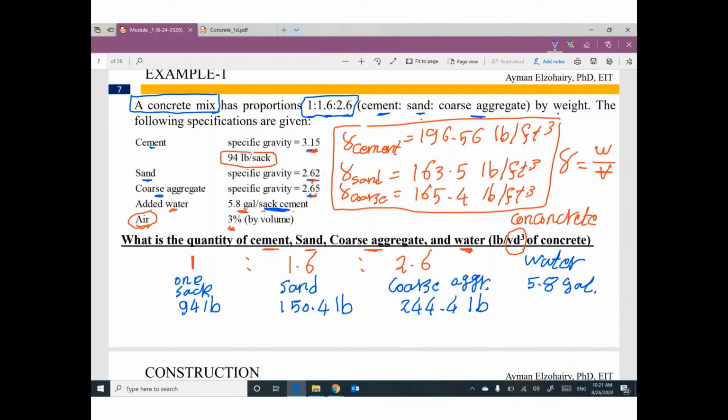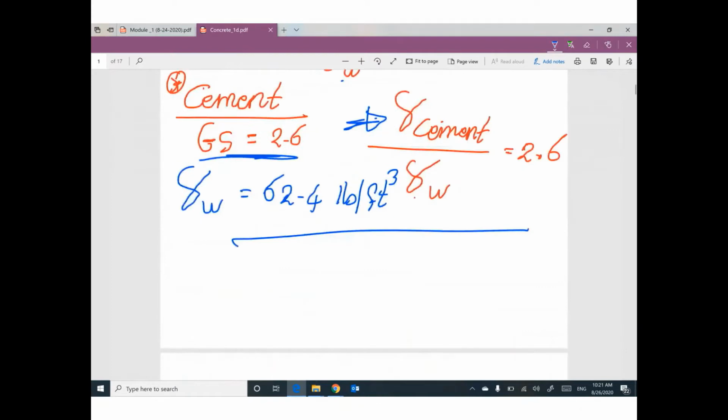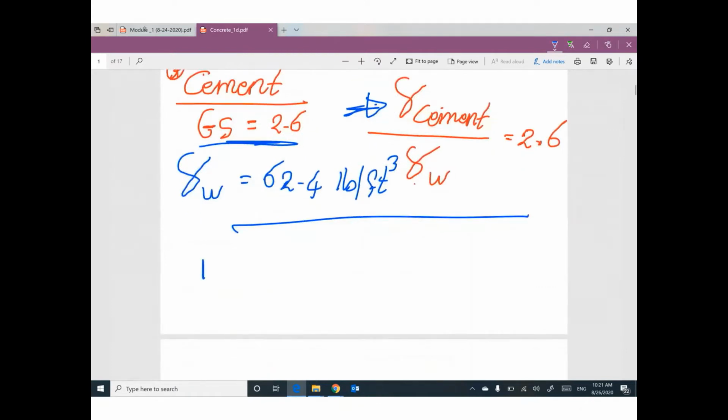So can anybody tell me the relationship between gallon and cubic feet? Yes, 1 gallon equals 0.134 cubic feet. So if you have 5 gallons, how much in cubic feet? You can figure it out.